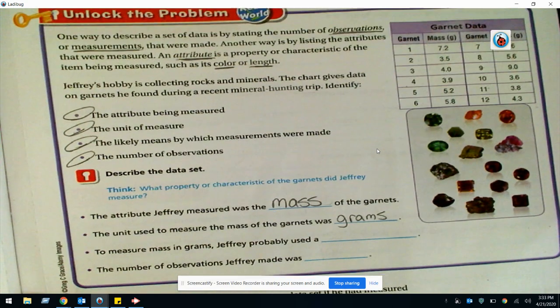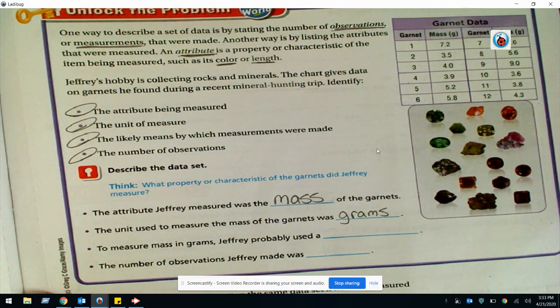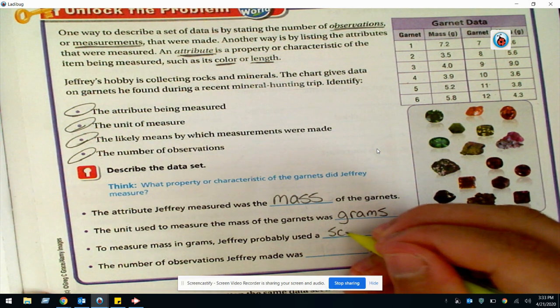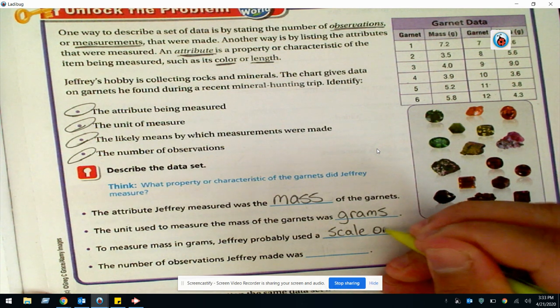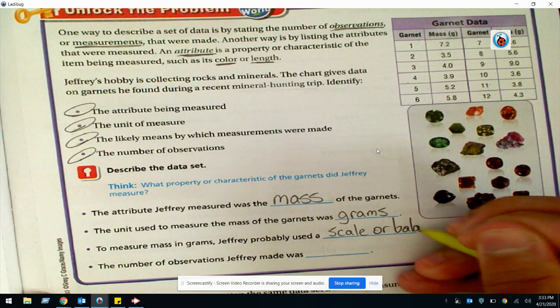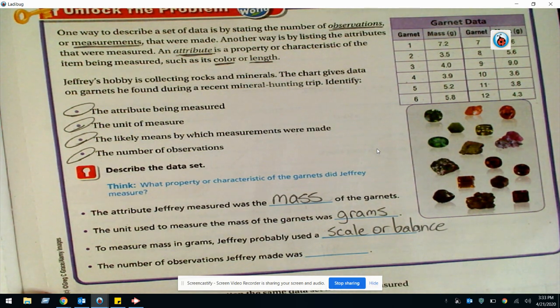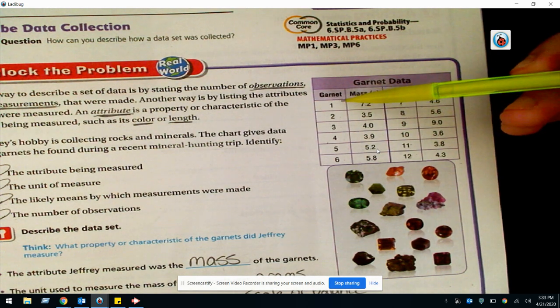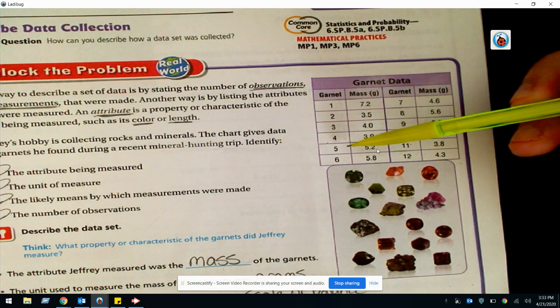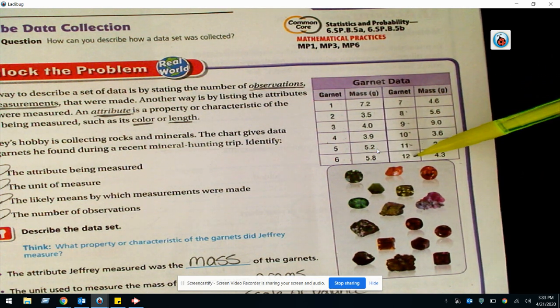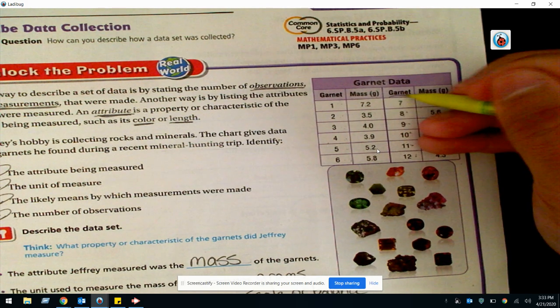To measure mass in grams, it doesn't necessarily tell us, but if you think about it, a tool that you can use to weigh things can be a scale or balance. Okay? Different things that you can use. And the number of observations. Well, if you look up here, you can see that there are 1, 2, 3, 4, 5, 6, 7, 8, 9, 10, 11, 12. So 12 different garnets.